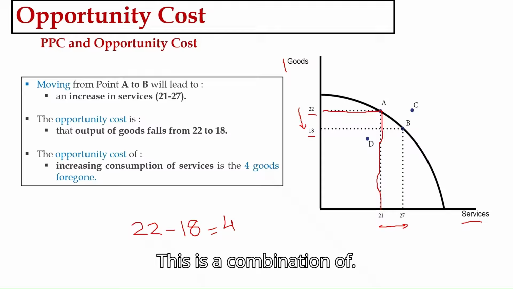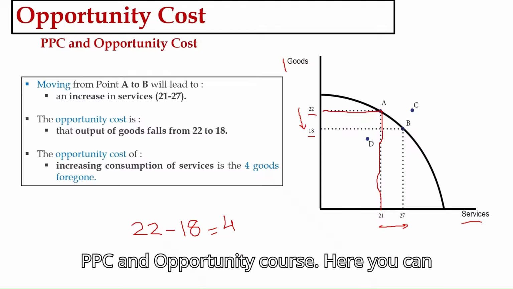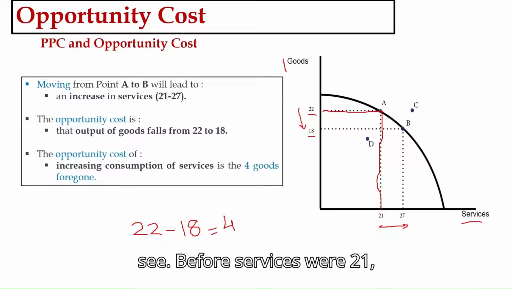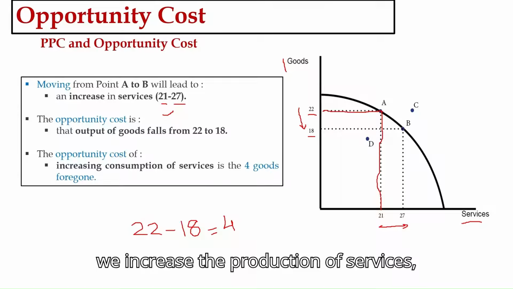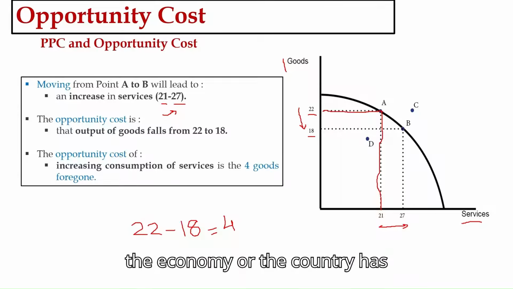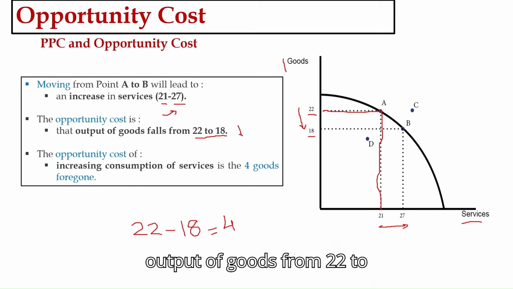This is a combination of PPC and opportunity cost. Here you can see before services were 21, now it is 27. So when we increase the production of services, the economy or the country has to reduce the output of goods from 22 to 18.